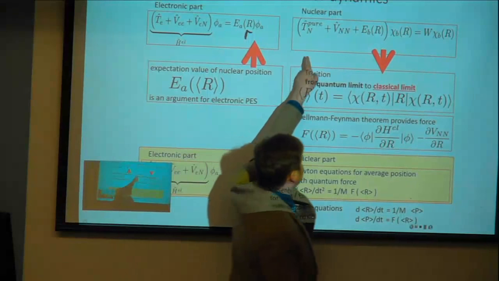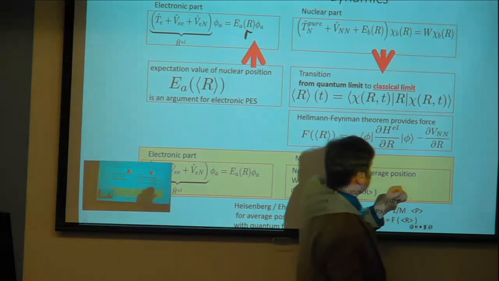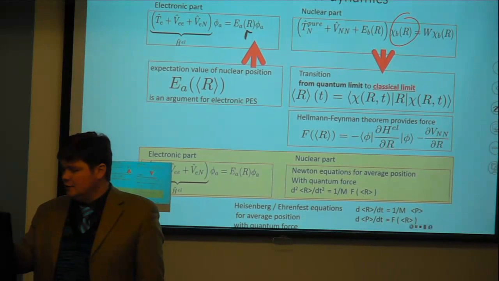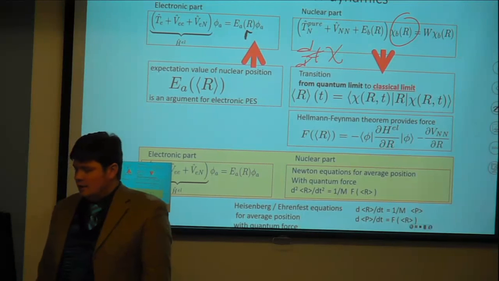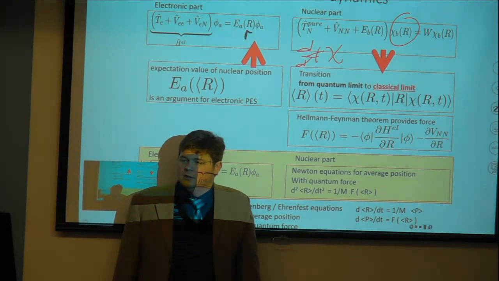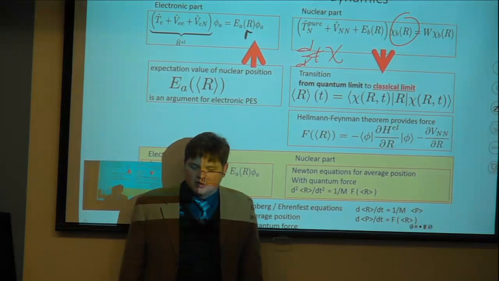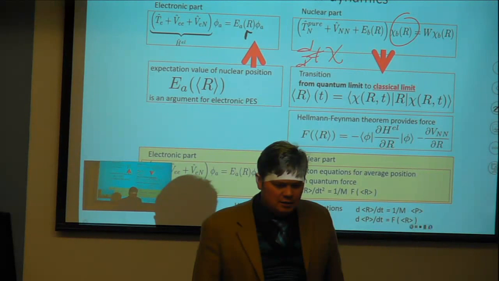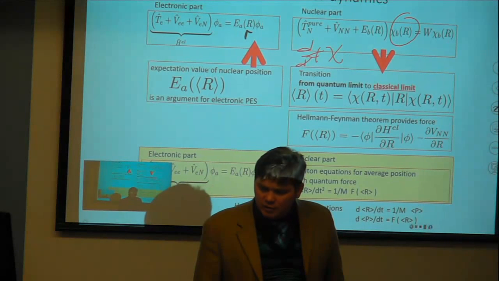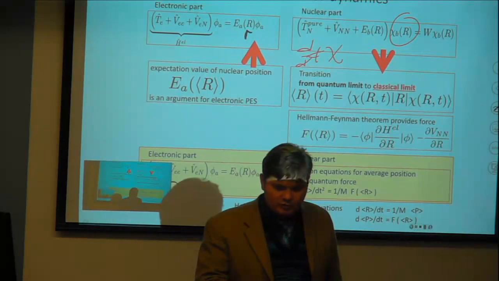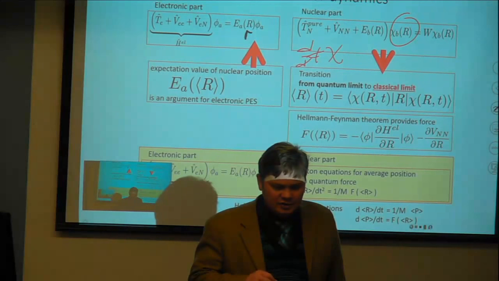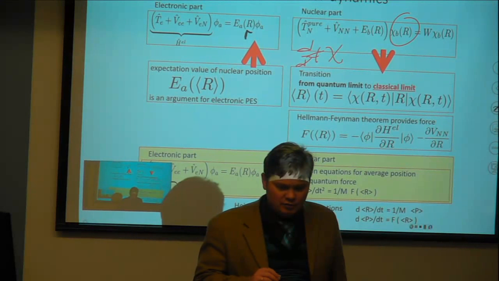In the nuclear part, we have the Schrödinger equation for the nuclear wave function, or we can formulate it in the time-dependent form. And then we are making a transition to a classical limit. In more rigorous courses, not computational chemistry, but quantum 2 or whatever, one tries to justify when this transition is allowed or not allowed.